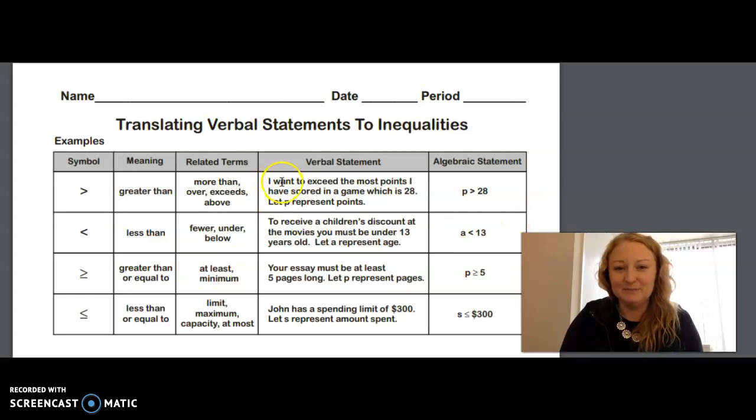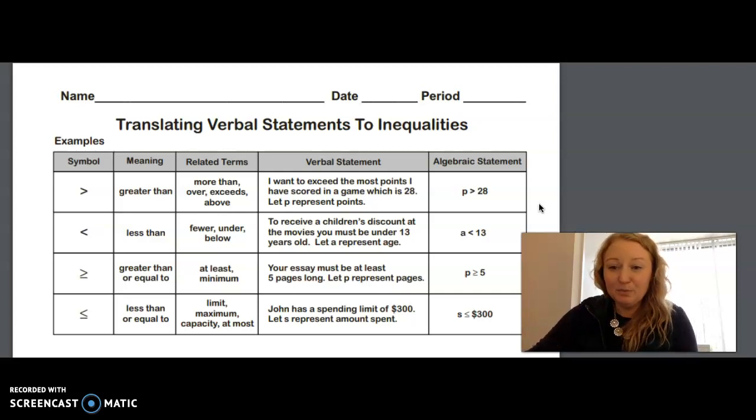Let's look at this first example. I want to exceed the most points I've scored in a game, which is 28. So P, the letter P, is going to represent points. So they put the points are more than 28. Because that's what this person wants to do. They want to exceed or go above the points. So the points would be greater than 28.